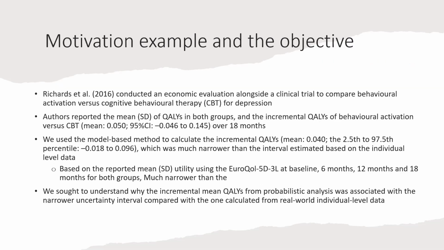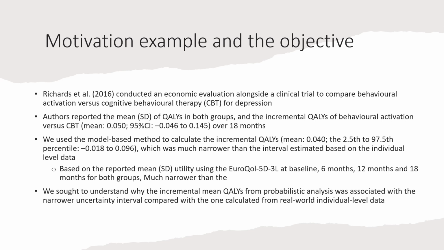An economic evaluation alongside a clinical trial to compare behavioral activation versus cognitive behavioral therapy for depression showed the incremental QALY of behavioral activation versus CBT. Mean 0.05, 95% confidence interval, minus 0.046 to 0.145 over 18 months.